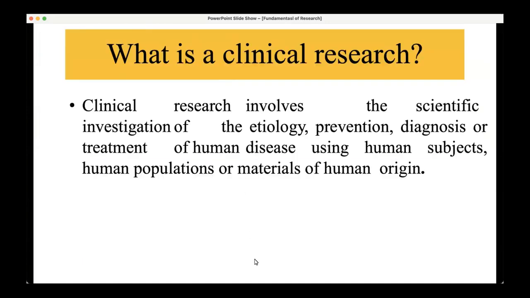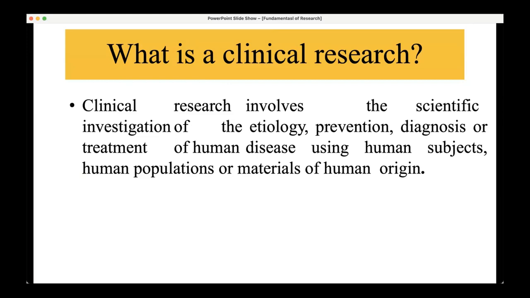There are mainly two types of research in our medicine and in the medical field. One is called the clinical and the other is called the basics. Mostly during our thesis or during our research in basic sciences, we do not conduct clinical research, but we usually do the clinical research.